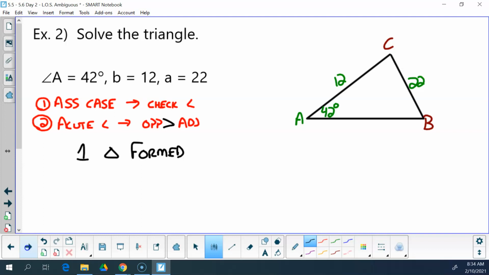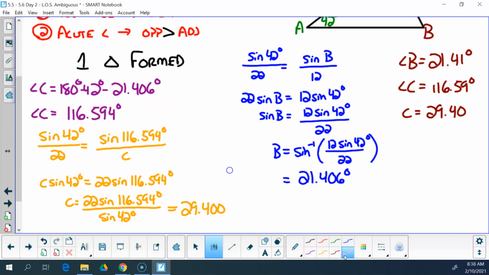Solve it for me. Okay? So go on right now and solve that triangle for angle B, angle C, and side C. That's what I got. Agree all the way around?